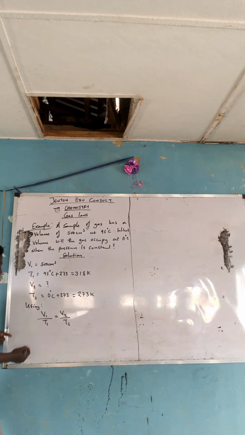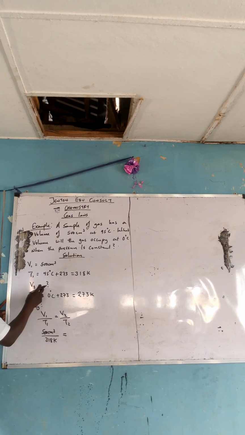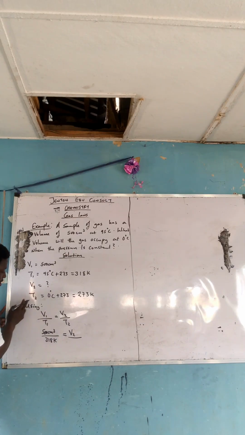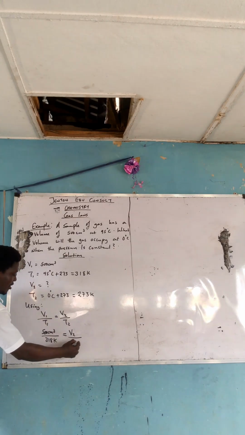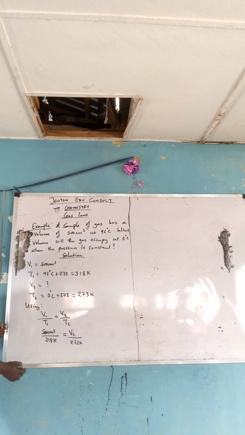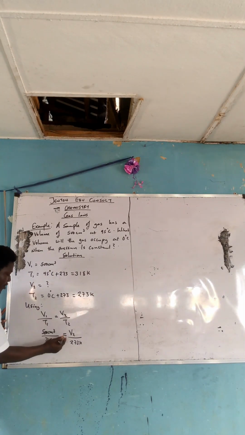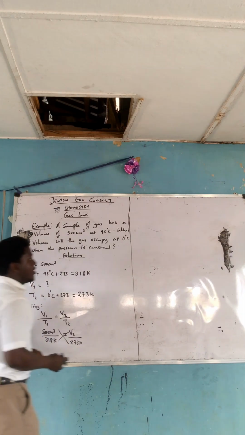So working with this, what is my V1? My V1 is 500 centimeter cube over my T1, which is 318 Kelvin, equals my V2, which I don't know, all over my T2, which is 273 Kelvin. So working with this, if I cross multiply, V2 multiplies 318 Kelvin.